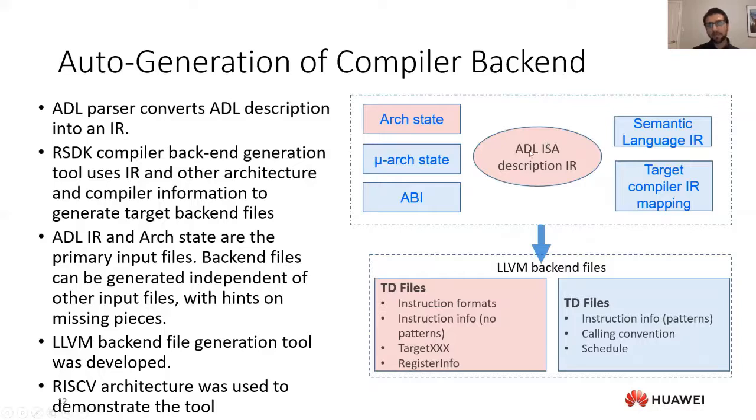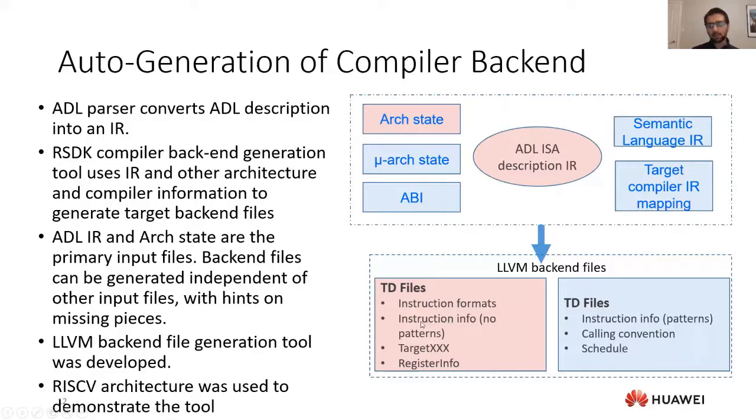What I mean by that is, if you have the IR and you have the architecture state, we are able to generate some of the backend files. Here, as an example, I show the TD files for the LLVM backend, and we have instruction formats, instruction info, target, and register info being generated from these two alone.